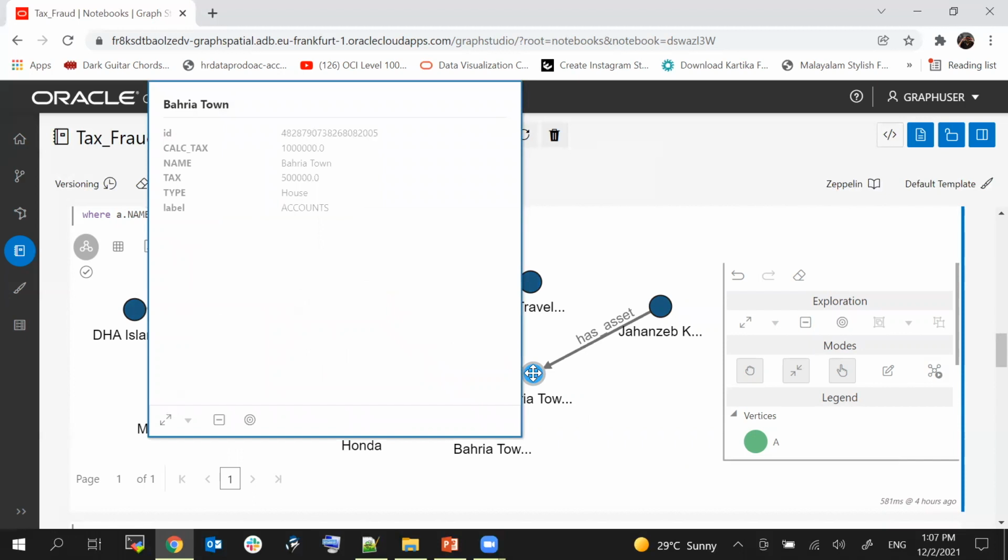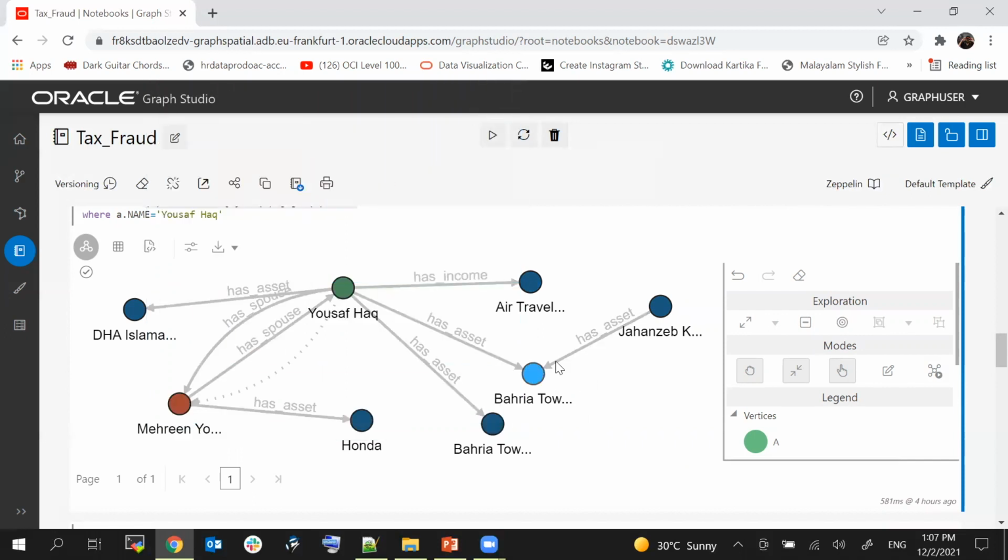and if we right click, it gives an easy indication that as part of this tower, the calculated tax is much higher. And we can see that it's like a joint property, or it could be like a pattern wherein the people were trying to evade the tax by having the same ownership, or people who are trying to share information between themselves.